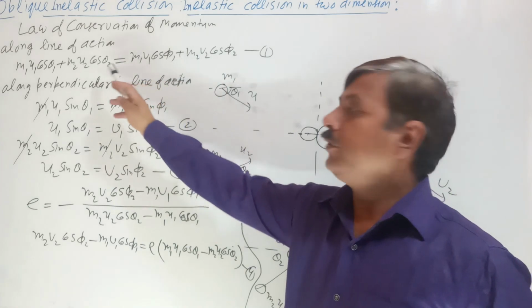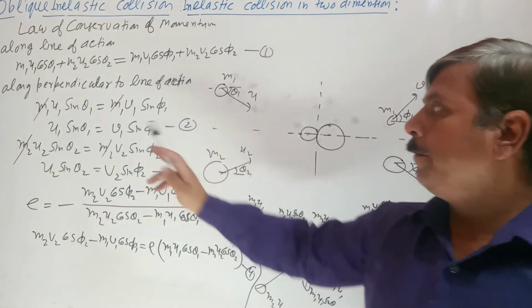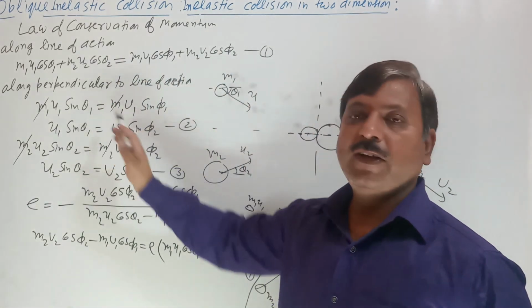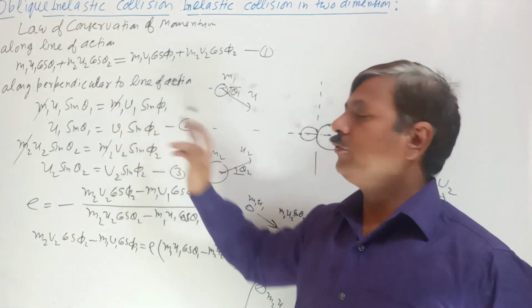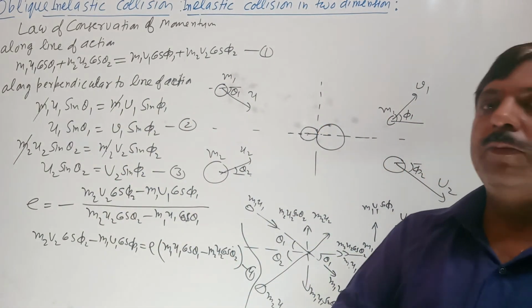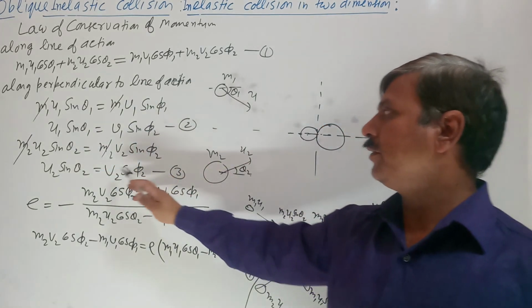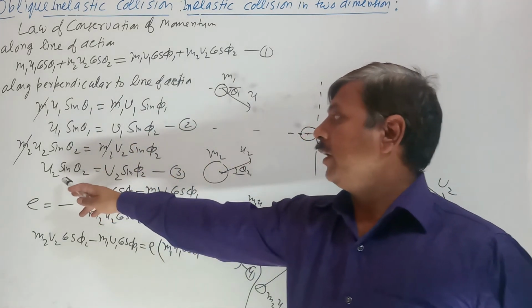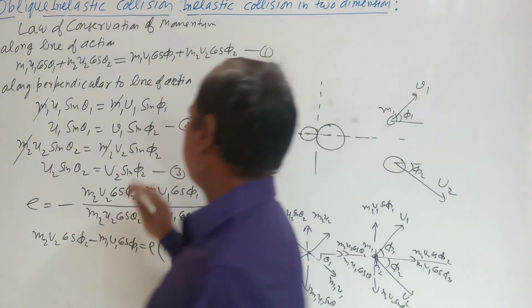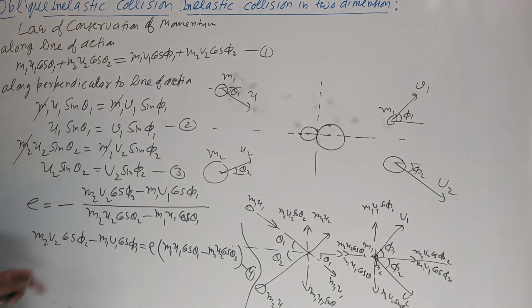Along line of action, total linear momentum is conserved. Perpendicular to line of action, no force is acting, so individual momentum of M1 and M2 is conserved: U1 sin theta 1 is equal to V1 sin phi 1, and U2 sin theta 2 is equal to V2 sin phi 2.